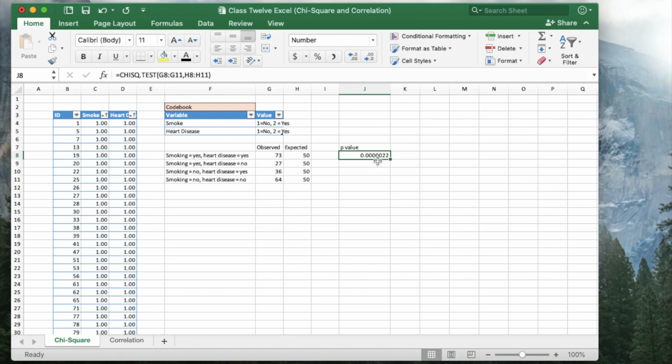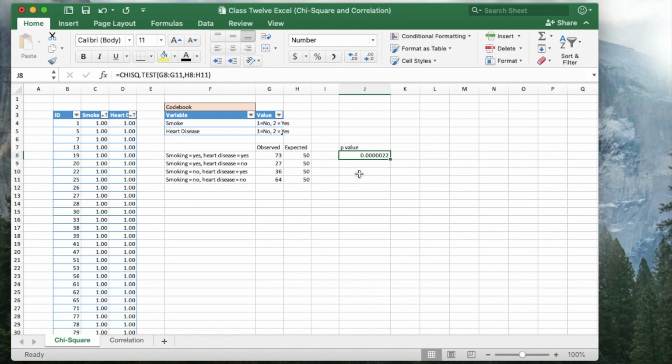And basically, the way to interpret that p-value is that there is a 1 in, let me think, 4 zeros, I believe would be 10,000th chance that the relationship between smoking and heart disease is due to chance. So that's 1 in 10,000th chance that the relationship between smoking and heart disease is due to chance.